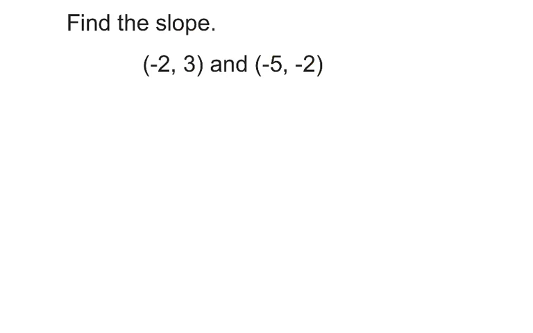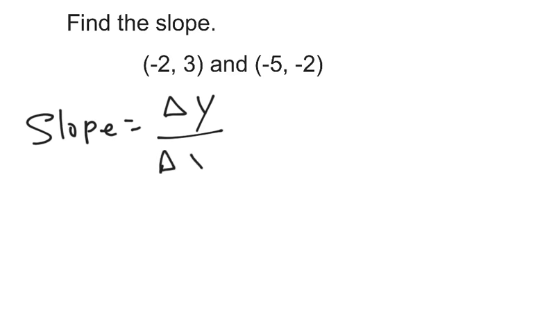So now I want to review an alternative method for finding slope. Let's say you're given 2 points and you're told to find the slope. Well, we remember from our previous lessons that the slope equals the change in y over the change in x.